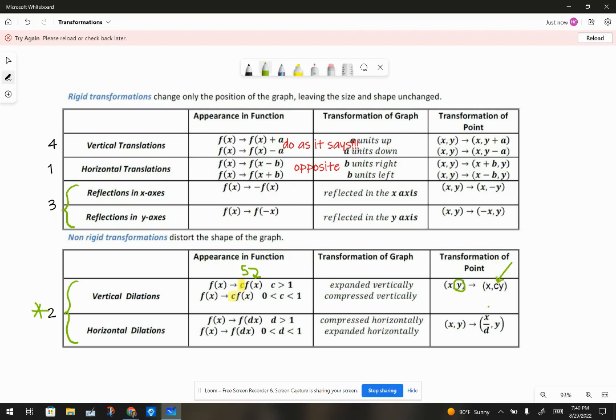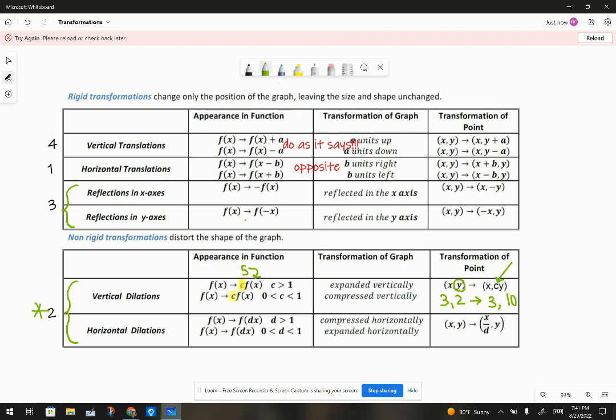And that's going to be your new point. So for instance, let's say this was 3, 2 originally, right? It's going to become 3, 10 because you're going to take that 5, which was your coefficient, and multiply it by the 2. So this is your original point. That will be your transformed point. So that is if the 5 is in front of your function.